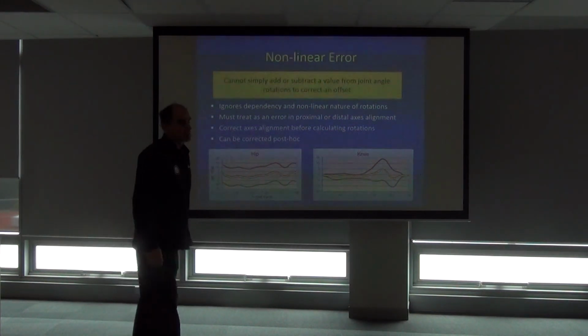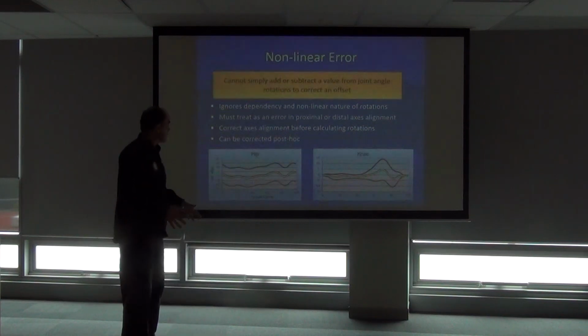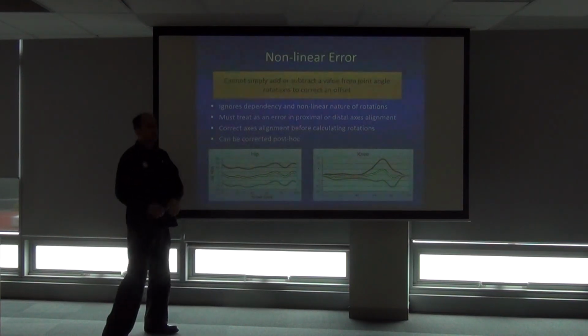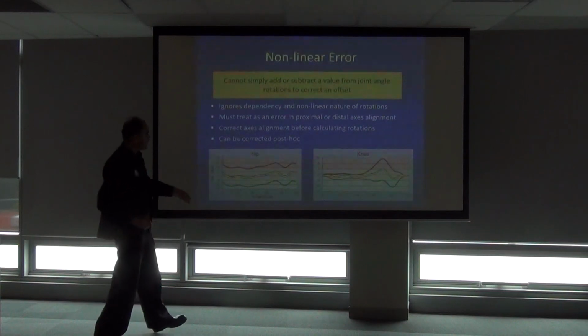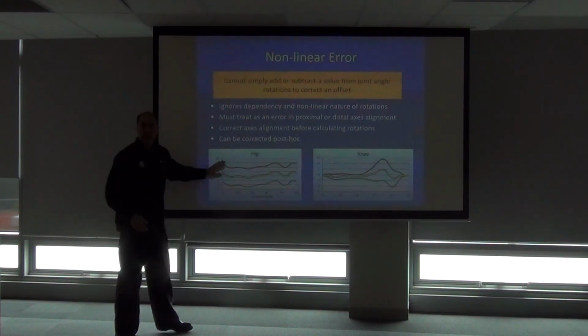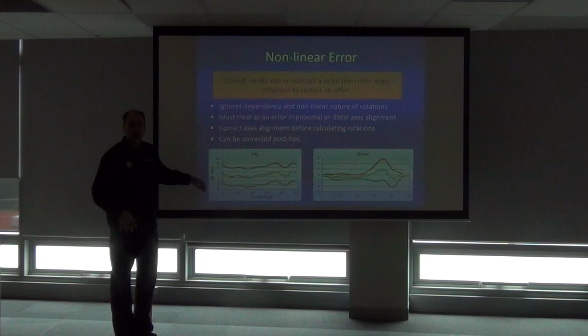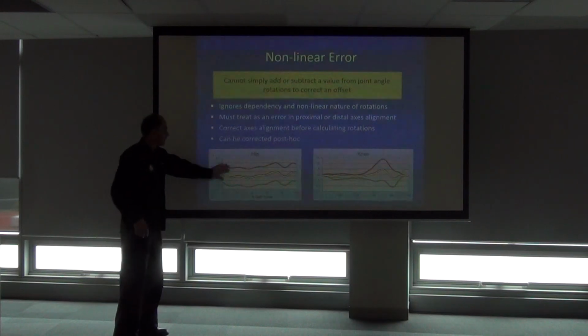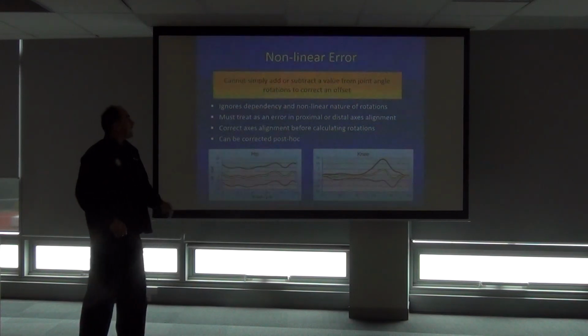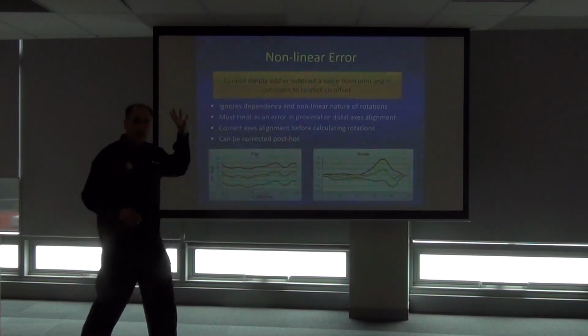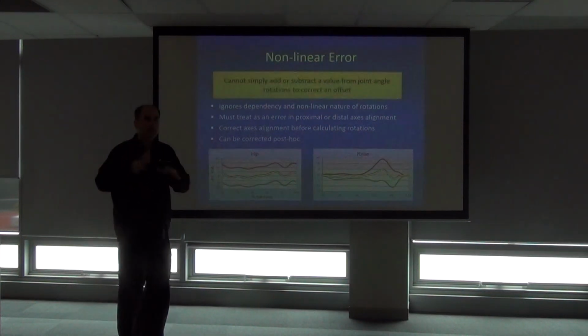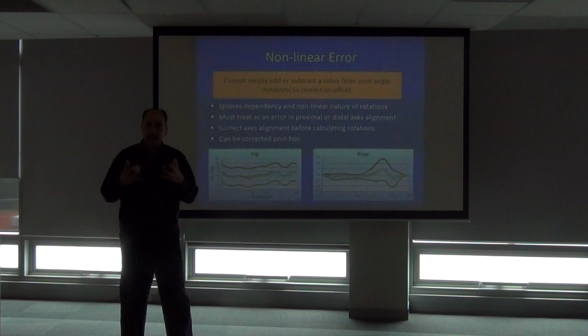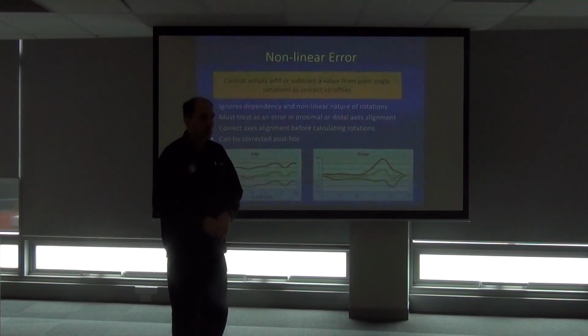If you have an error like we saw in the flexion extension here, you can't just say, oh, I've messed up there a bit, I'll just add an offset and correct that. You know your alignment, you look at your hip internal external rotation, we'll just fix that up. You cannot add or subtract offsets to rotations linearly, just like you would numbers or axes.